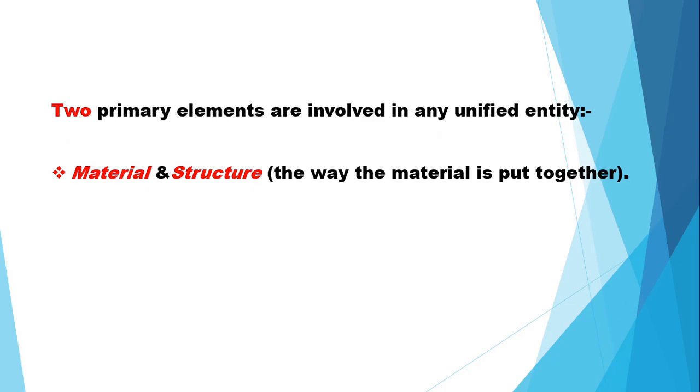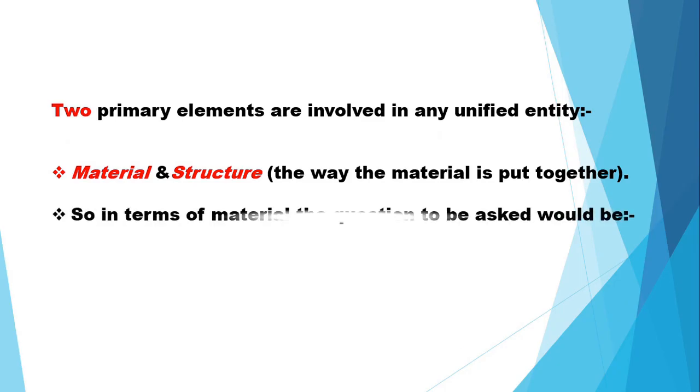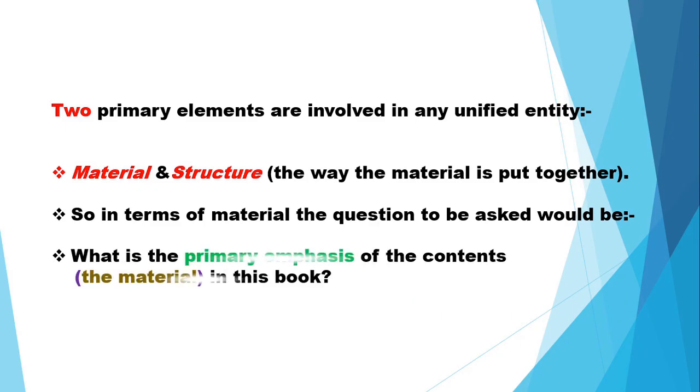So in today's presentation, you will be introduced to patterns or structural relationships, so that you begin to familiarize yourself with these patterns, even though the main focus is the material. So in terms of material, the question to be asked would be, what is the primary emphasis of the contents in this book?